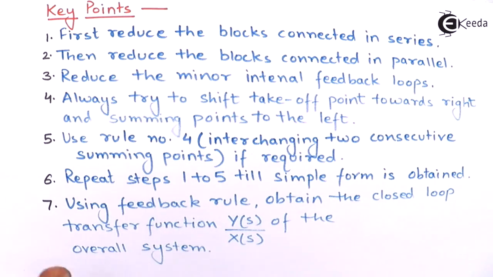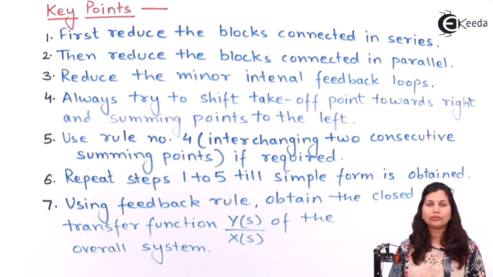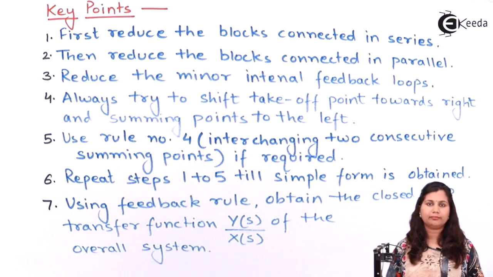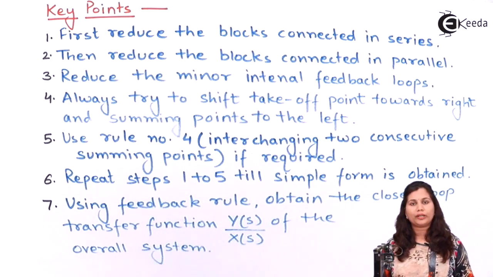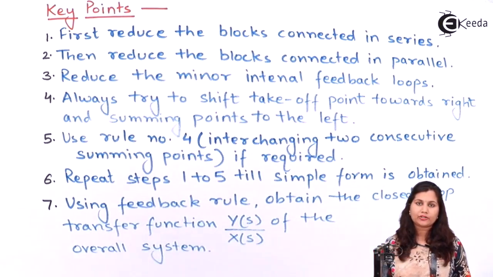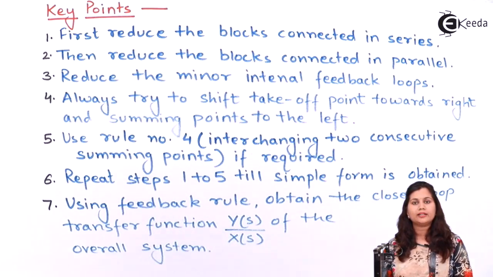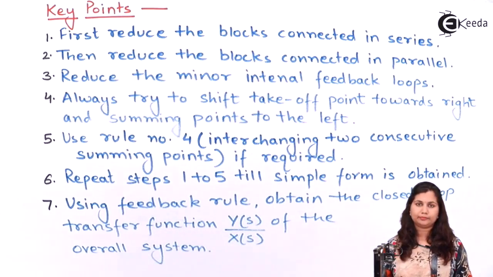That is, in the simplest form of the block diagram you have a forward path transfer function and a feedback path transfer function. Then apply the feedback rule and obtain the overall transfer function of the system. So whenever you are solving a question using the block diagram reduction technique, follow these steps so that you get to the solution very easily.